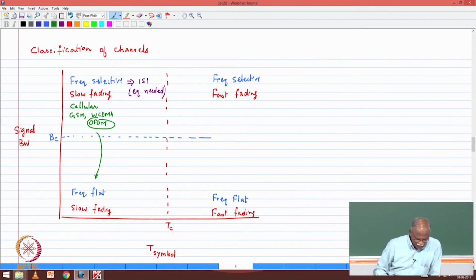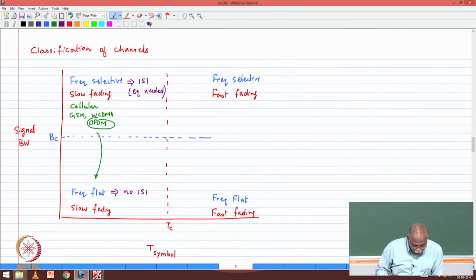So frequency flat means no equalizer or no ISI, so I don't need to worry about the equalization aspect. Most of our cellular systems are in the northwestern quadrant, where it is frequency selective and slow fading.